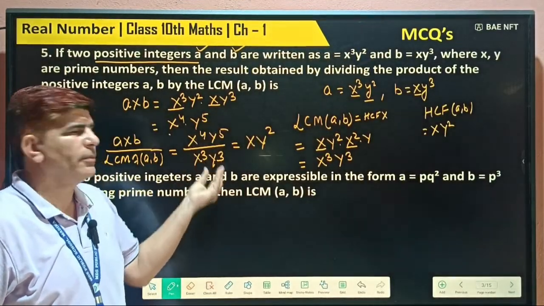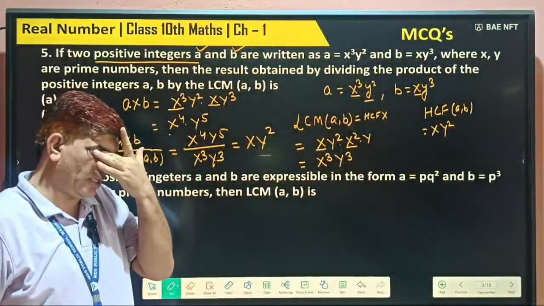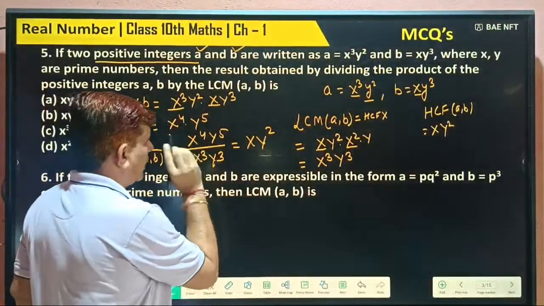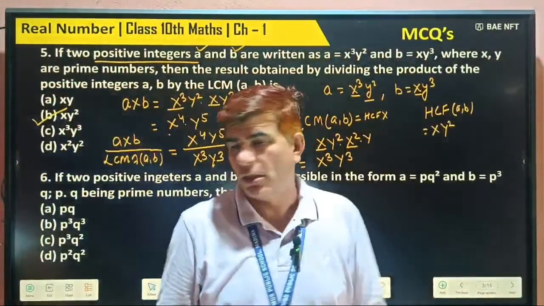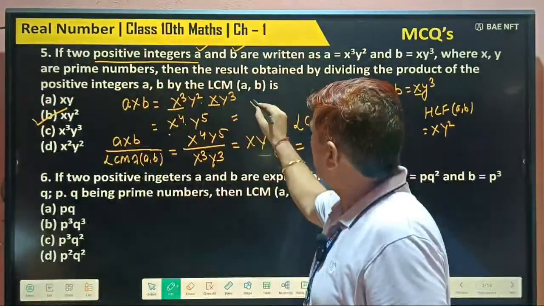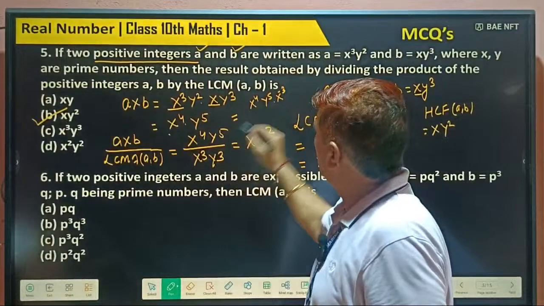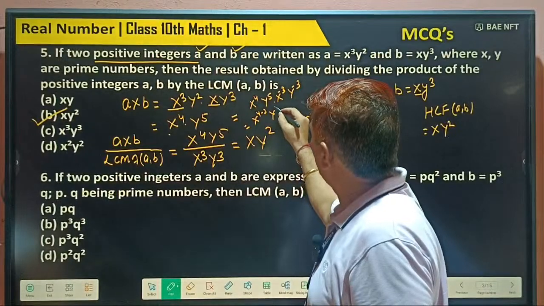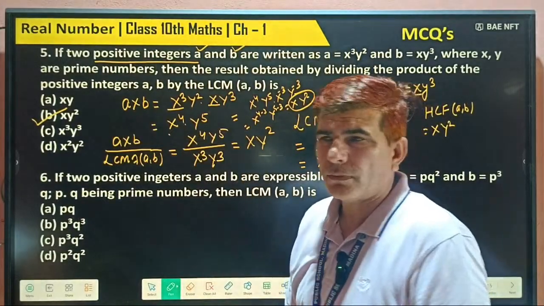If we divide powers with the same base, we subtract, and if we multiply with the same base, we add the powers. So this is your answer, B. If you don't know this, we can write x power 4 y power 5 into x power minus 3 and y power minus 3. So this is x power 4 minus 3 and y power 5 minus 3, giving x y square. Anyway, you can apply it.